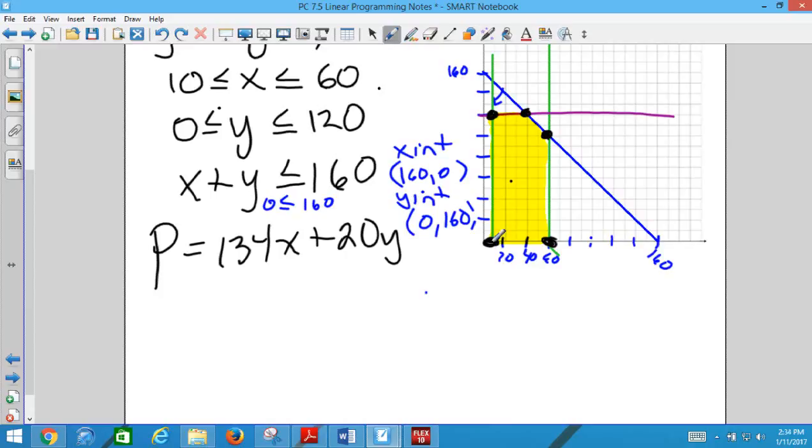So I have a pentagon region. I've got 5 vertices. I need to figure out those 5 vertices. I need to test the 5 vertices in the profit function to see what gives me the most profit.